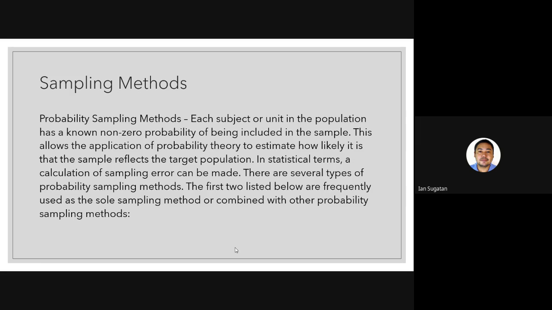This allows the application of probability theory to estimate how likely it is that the sample reflects the target population. In statistical terms, a calculation of sampling error can be made. There are several types of probability sampling methods. The first two listed in the next slide are frequently used as the sole sampling method or combined with other probability sampling methods. These are the following.